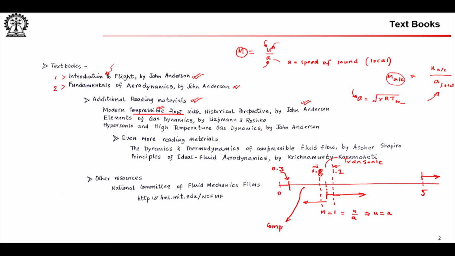We will talk about what this means in a subsequent slide. What is compressible behavior? Something that can be compressed by the application of pressure. We will see what is so special about Mach number 0.3, that below it the flow behaves as incompressible.